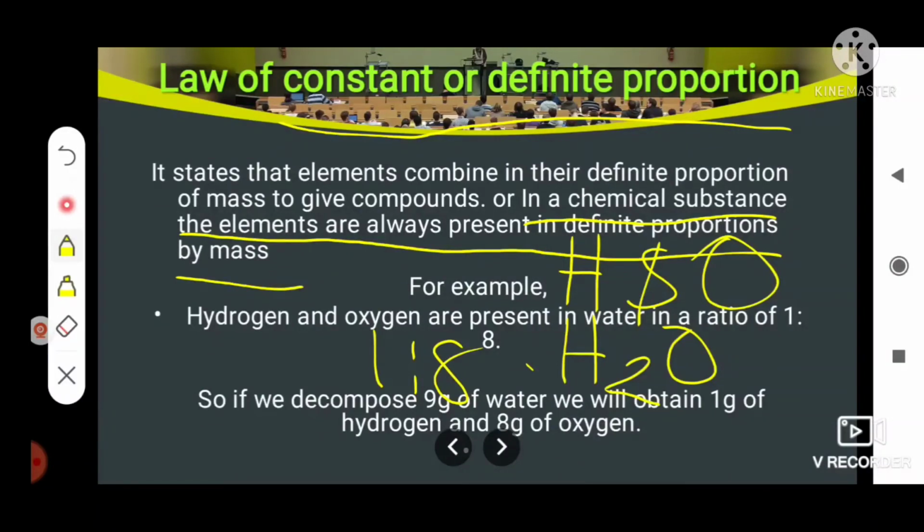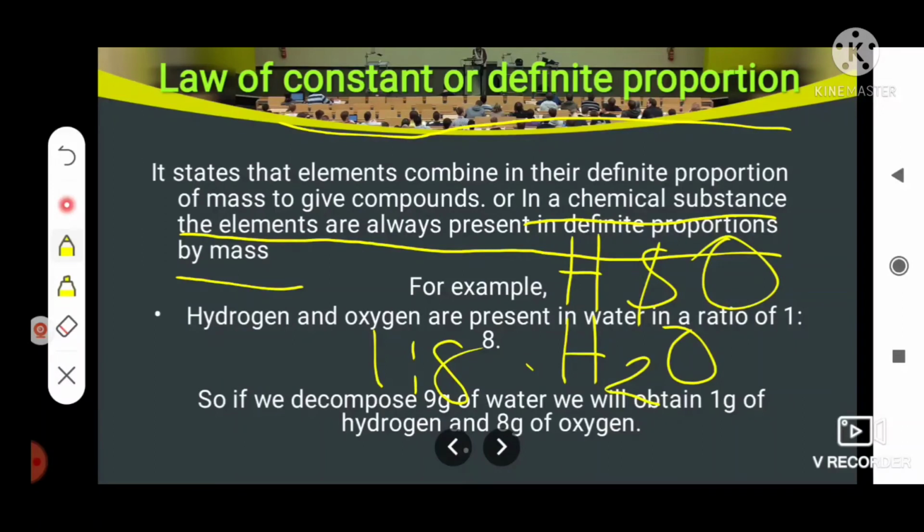We have studied what a compound is. A compound is formed by the combination of two or more elements. According to this law, the elements which combine to give the compound have a definite proportion of mass.